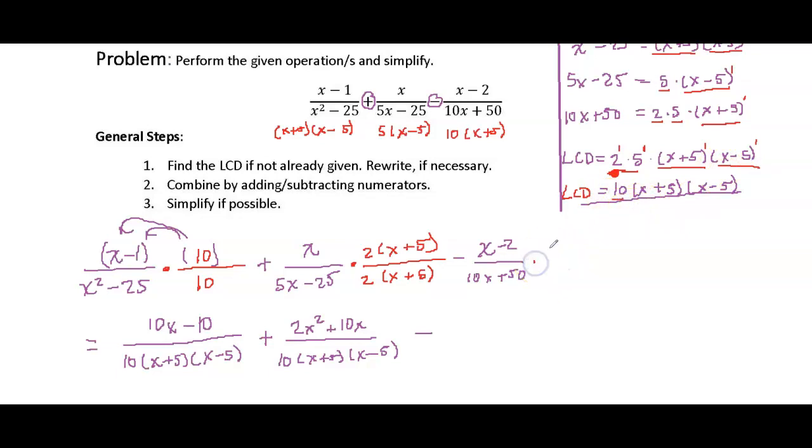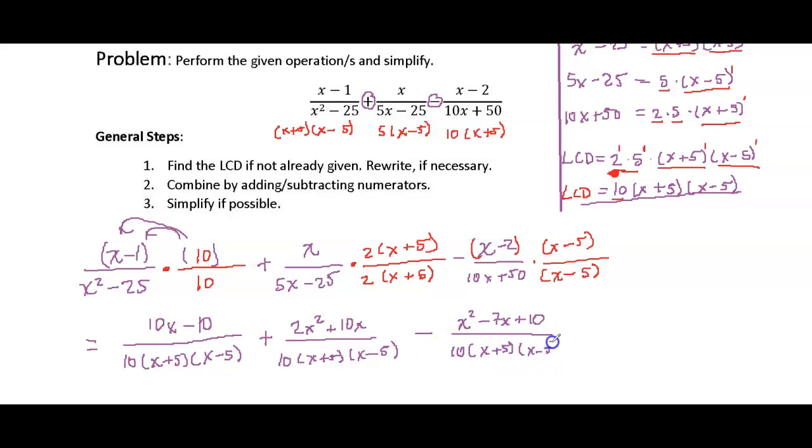So multiplying by x minus 5 to the numerator and the denominator. Okay, so we have x minus 2 times x minus 5. Let's go ahead and write that out. That would give us x squared minus 7x plus 10, all over that LCD of 10 times x plus 5 times x minus 5.